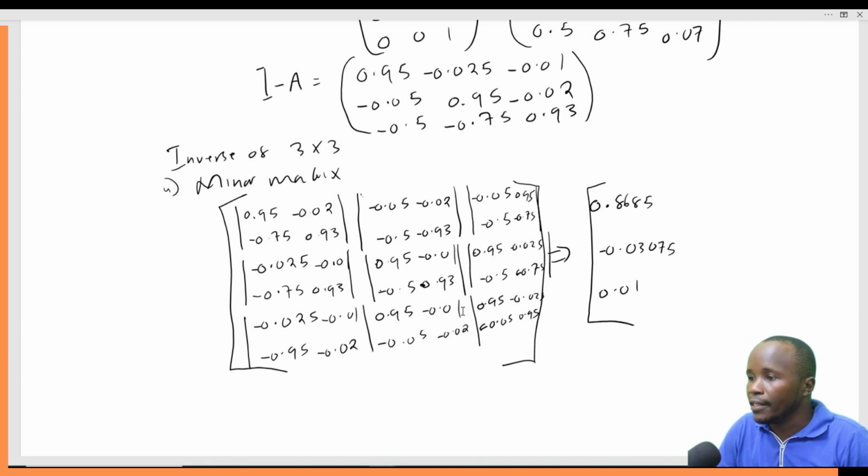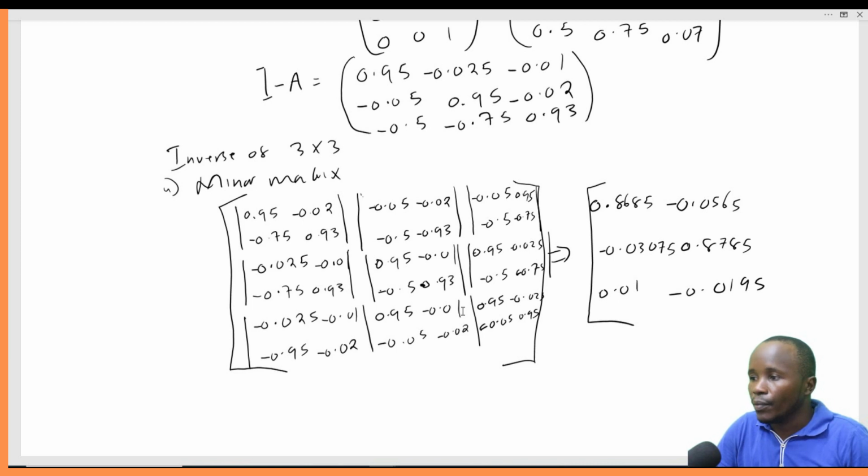We get the determinant. This gives us negative 0.0565. Get the determinant here. 0.95 times 0.93. Subtract negative 0.5 times negative 0.01. Here gives you 0.8785. And this one is negative 0.0195.